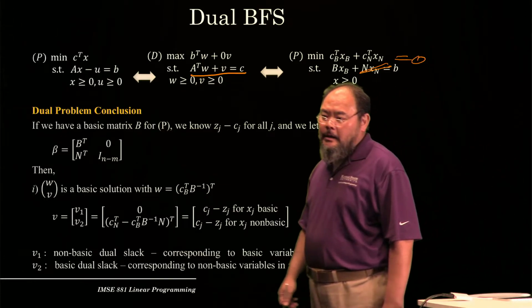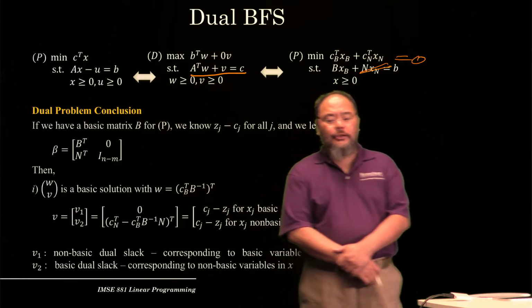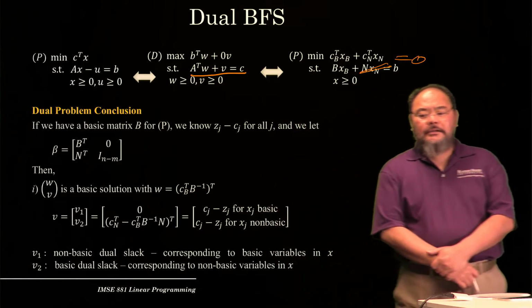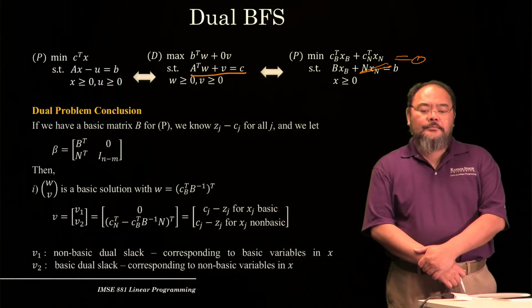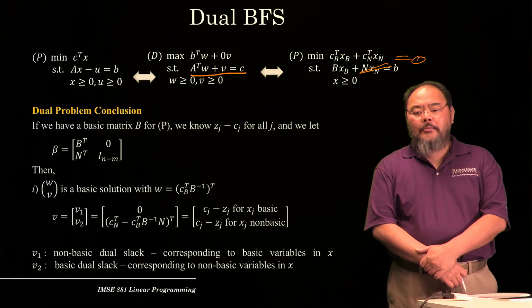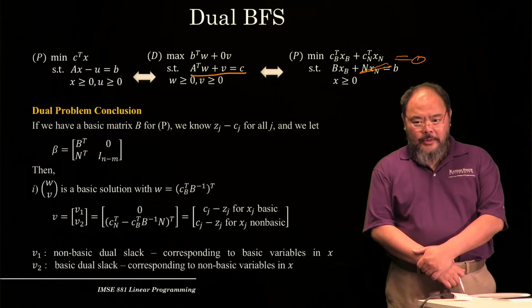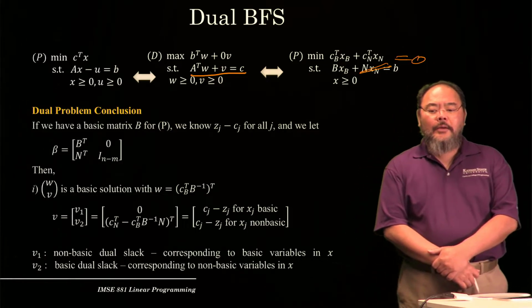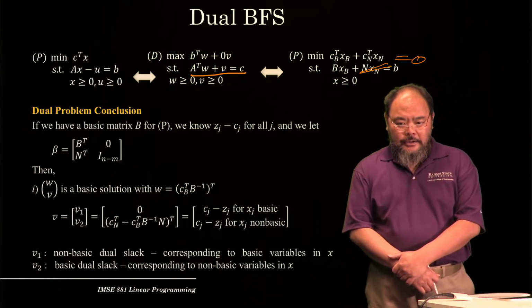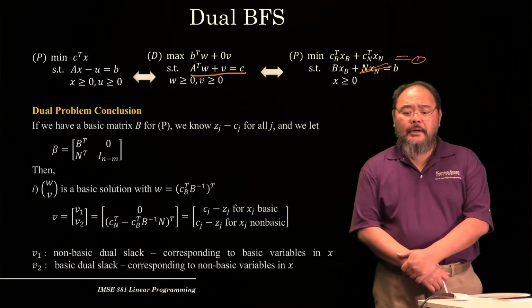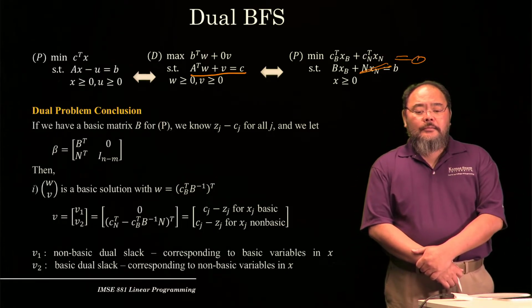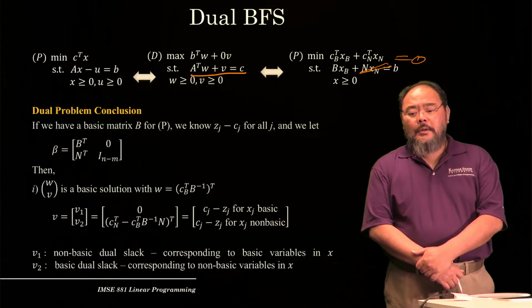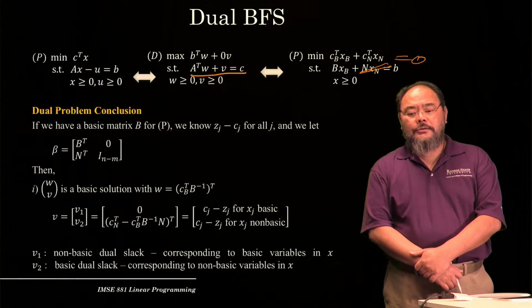Remember, in the complementary slackness condition, primal variable times the dual slack equals 0. That's complementary. Or we can say primal variable times the dual constraint equals 0. Same thing. Okay? And the dual slack times the primal variables also equals 0.